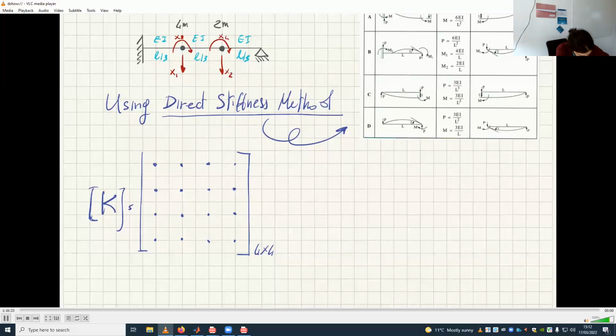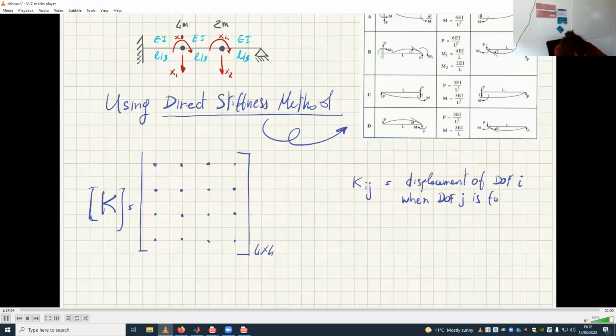So remember that Kij is the displacement of degree of freedom i when degree of freedom j is forced. Okay, it's the other way around, sorry.